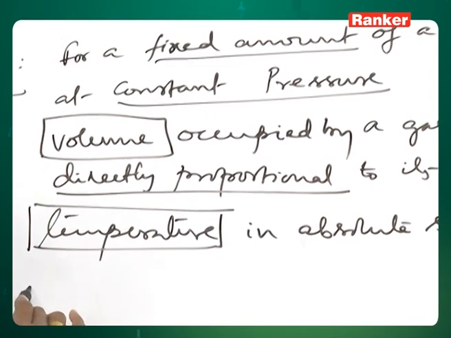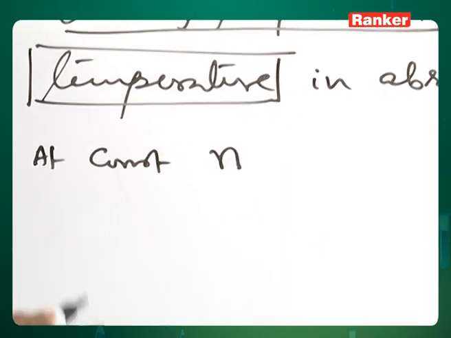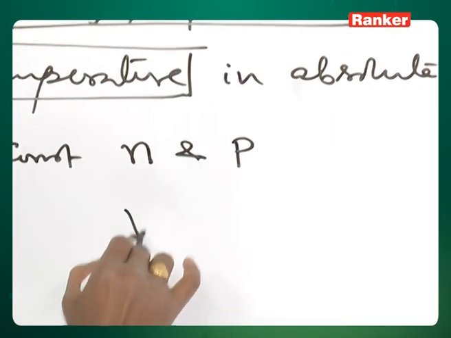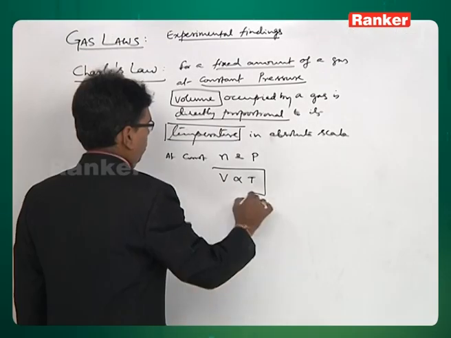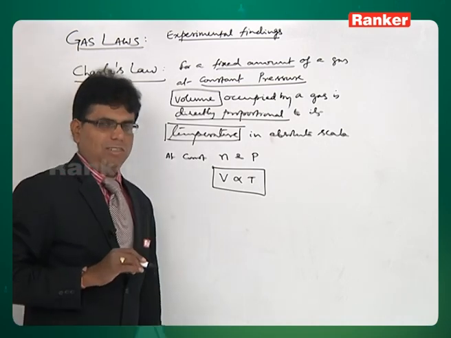Means at constant n, that is number of moles, and pressure, volume is directly proportional to temperature. This is what Charles' law is.